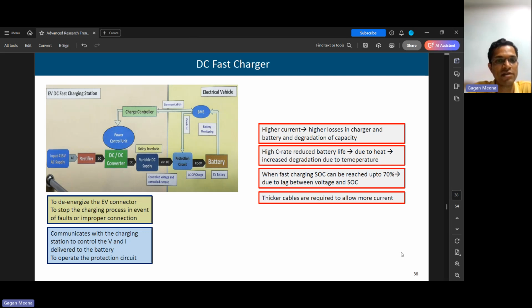Battery monitoring is done by the BMS, which provides the control signal to the protection circuit as well as communicates with the power control unit through the charge controller.